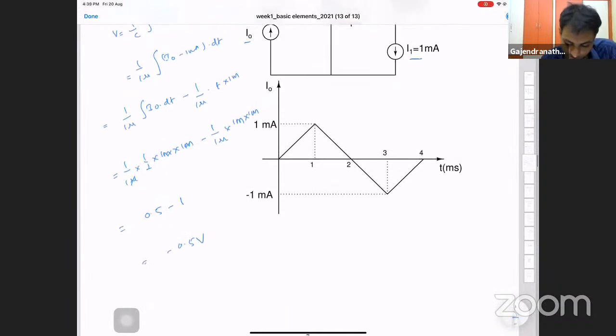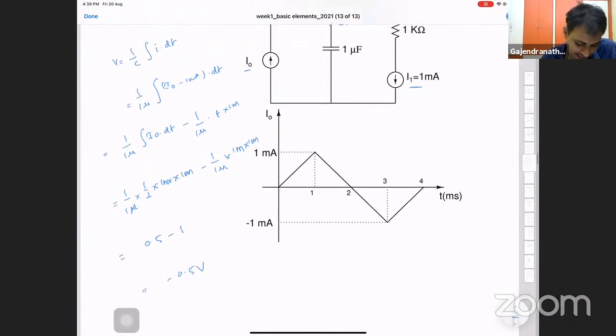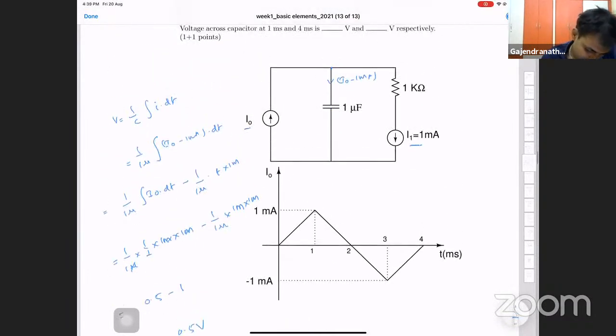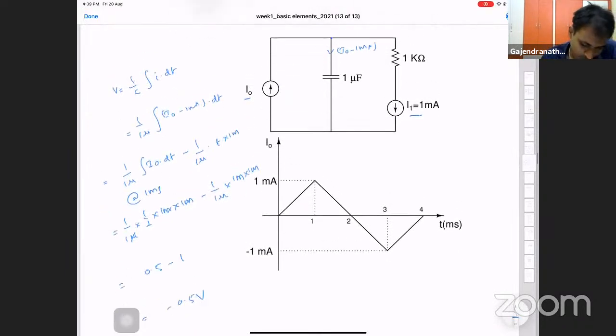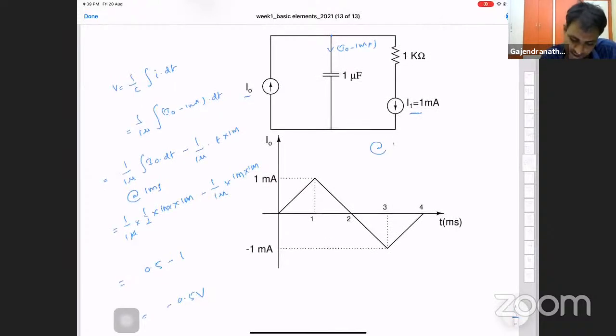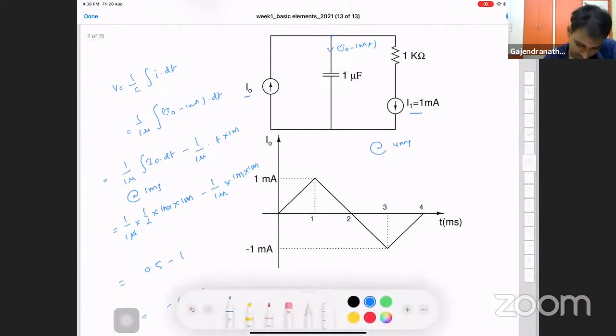But if I want to find it at 4 milliseconds, interestingly, this is at 1 millisecond. Now, if I want to compute this at 4 milliseconds and find the area under this curve, it is cancelling, because if you really observe here, I have a positive area here and a negative area here.